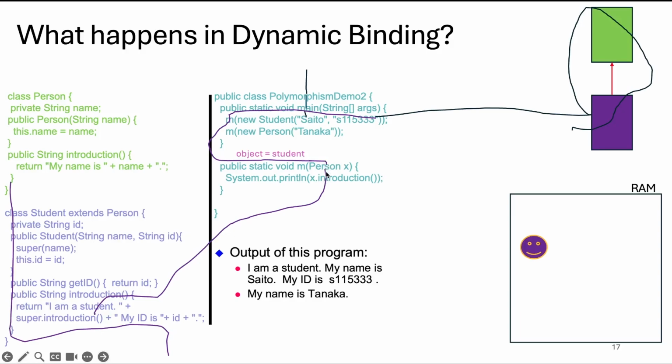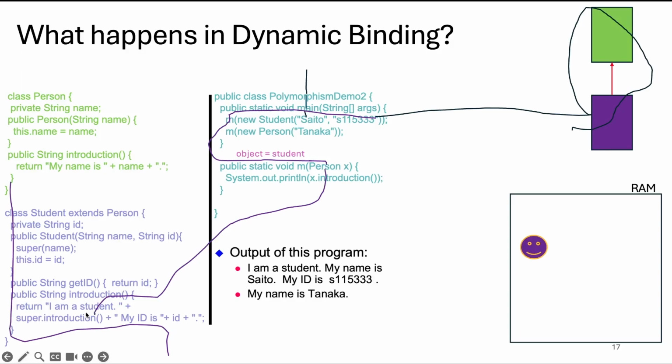So it enters into the m function, goes to the System.out.println line where we are calling x.introduction. Notice that even though we are using x as an object of Person, when you say x.introduction, the compiler will not go to the superclass. Instead, the compiler smartly recognizes the object and goes into the subclass introduction, and then it prints the text.